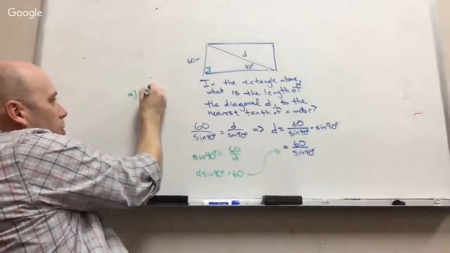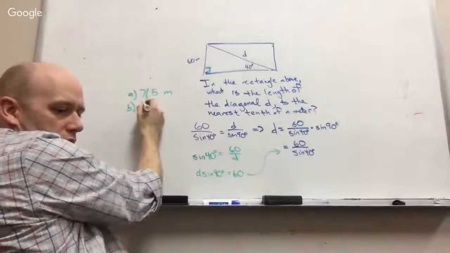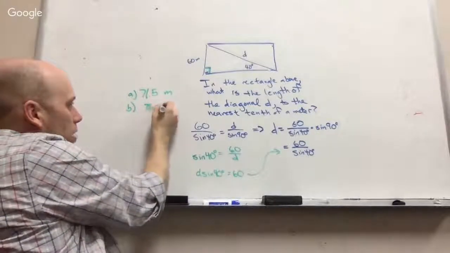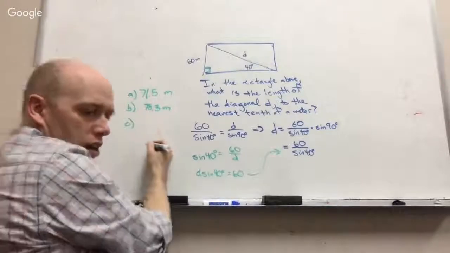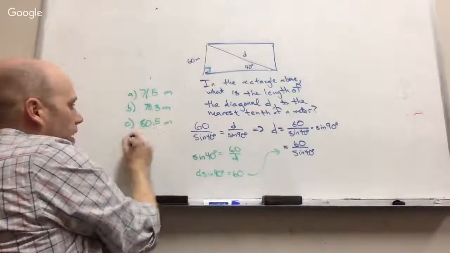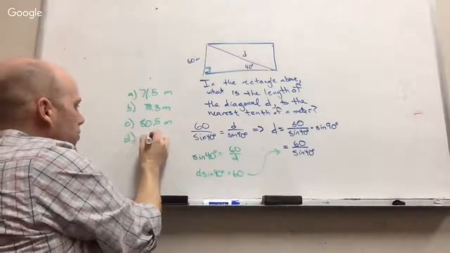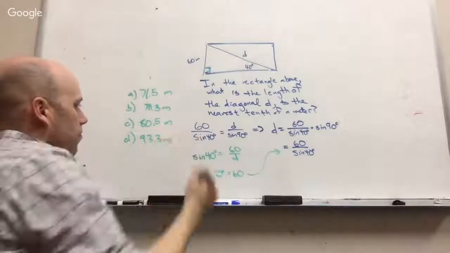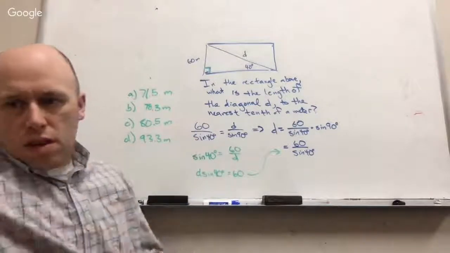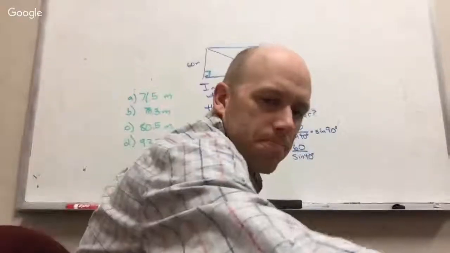The four choices were A, 71.5 meters, B, 78.3 meters, C, 80.5 meters, and D, 93.3 meters. Does that look okay to you? Awesome.